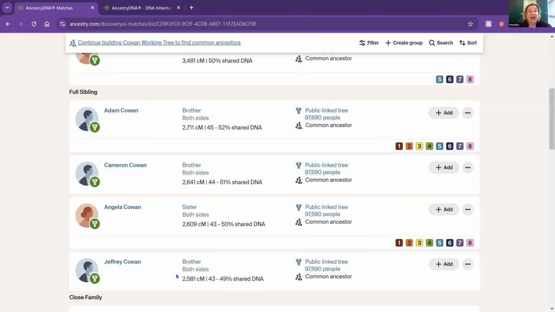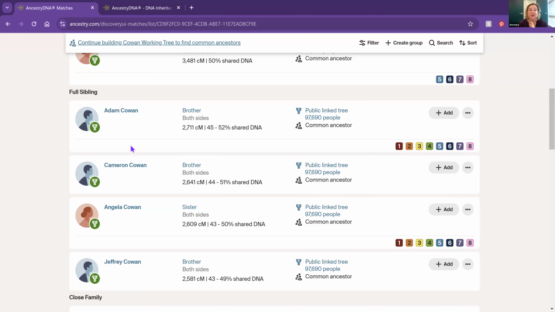But we can still tell that they are full siblings because of the range of DNA that they share, and just some additional information on the back. And so we will predict this relationship as full siblings.